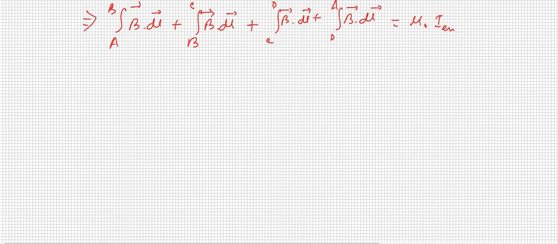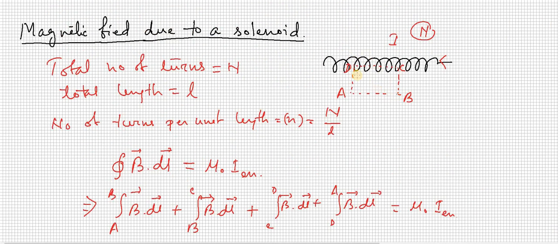As we know from the basics of Fleming's law, the magnetic field is perpendicular to the plane of any loop of the solenoid. So the magnetic field is along this direction. The dl for BC and AD is perpendicular to the magnetic field.